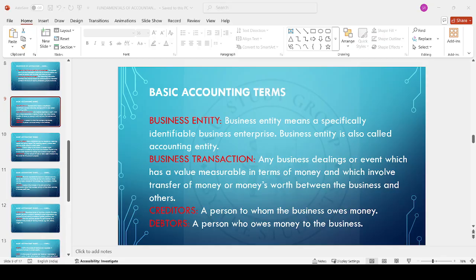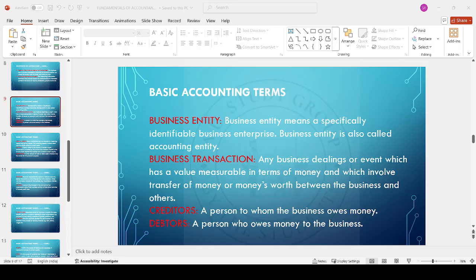On a daily basis, you will listen to new terms in this subject, so these are some of the basic terms which I'll try to explain. This is also called accounting vocabulary. Understanding these terms is like learning the alphabet of the language of business. Let's go through them one by one.